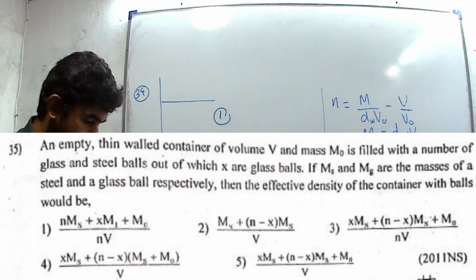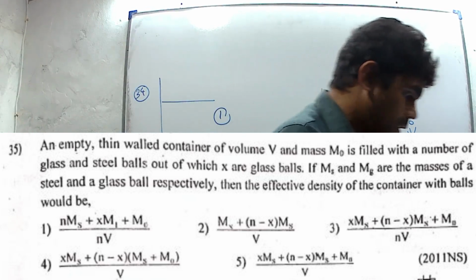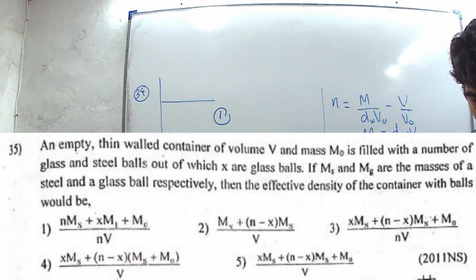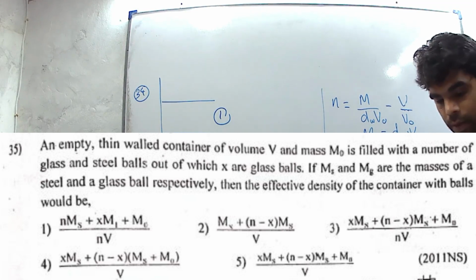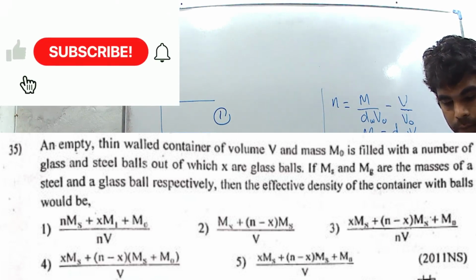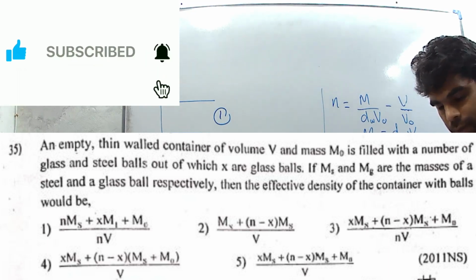35. An empty thin-walled container of volume V and mass M0 is filled with a number of glass and steel balls, out of which X are glass balls. If Ms and Mg are masses of steel and glass balls respectively, then the effective density of container and balls would be.